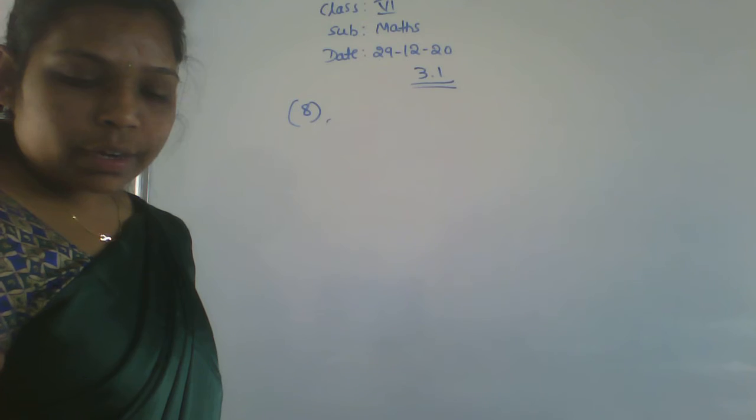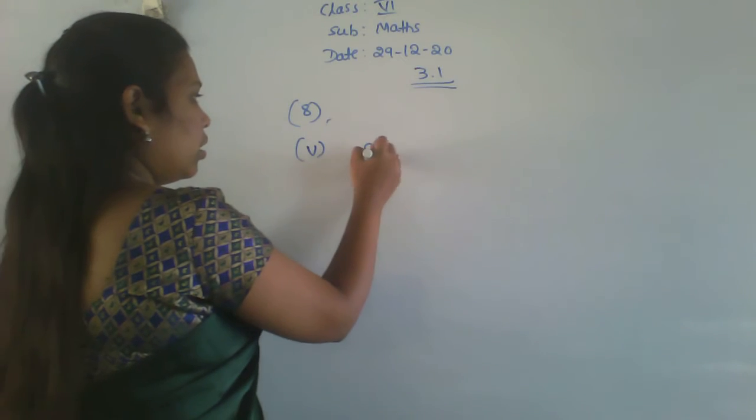Do it yourself. I'll do the fifth one. Okay, fifth one: 8 minus 7.